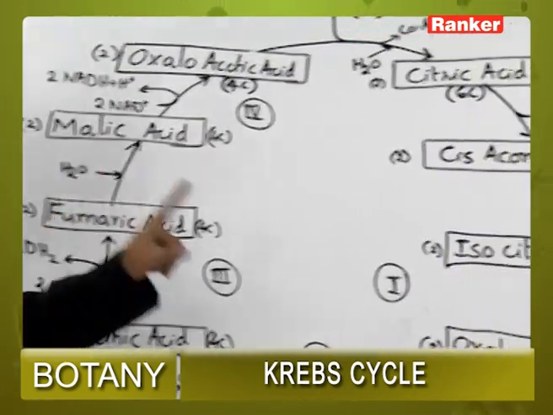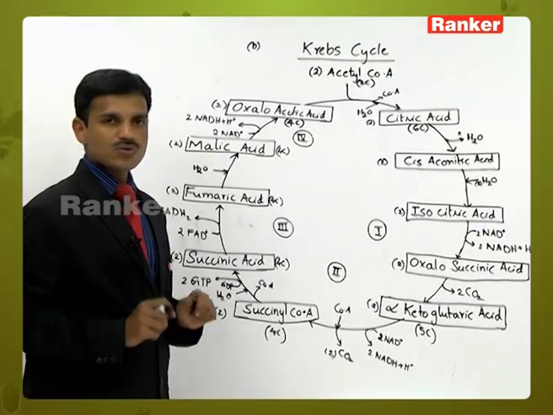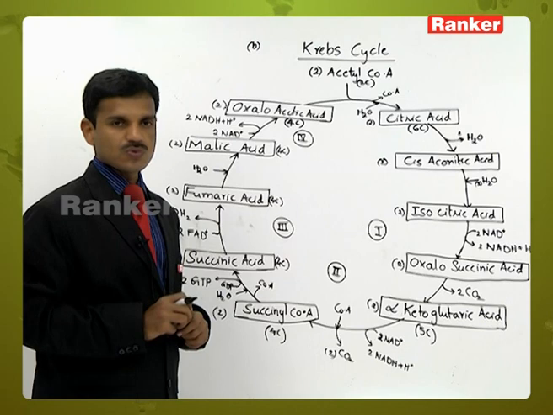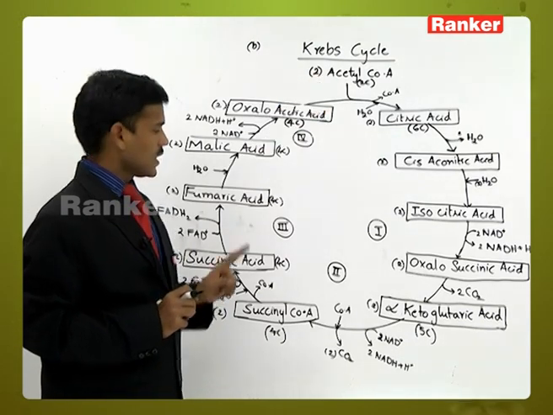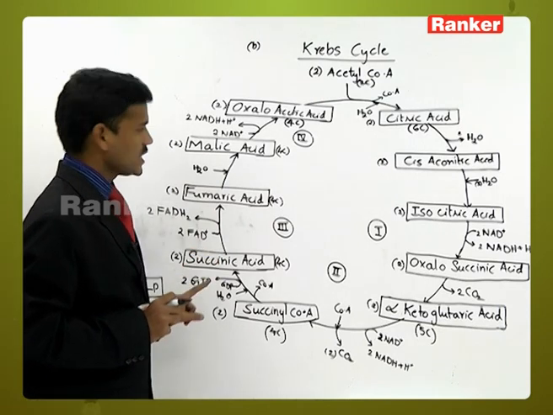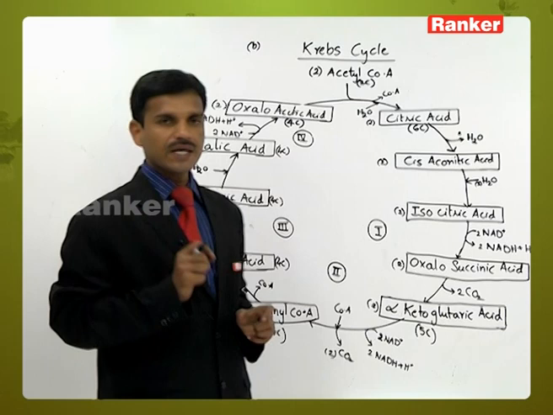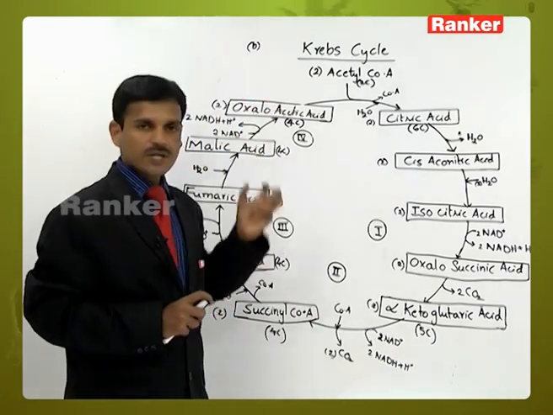So 6 NADH2s for 2 acetyl coenzymes, and 2 FADH2s are produced, and 2 GTPs.